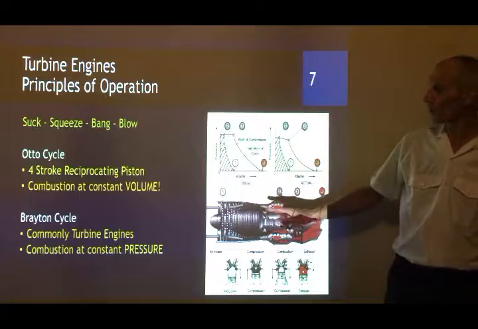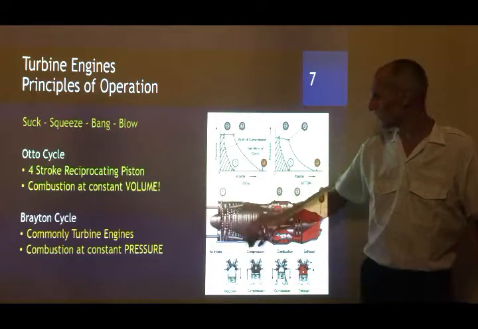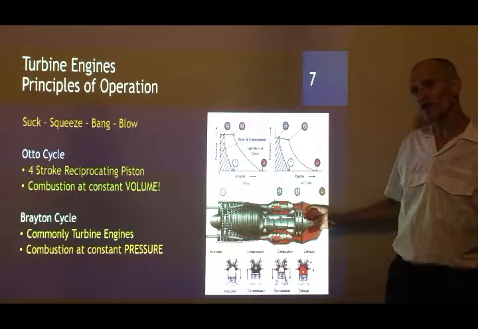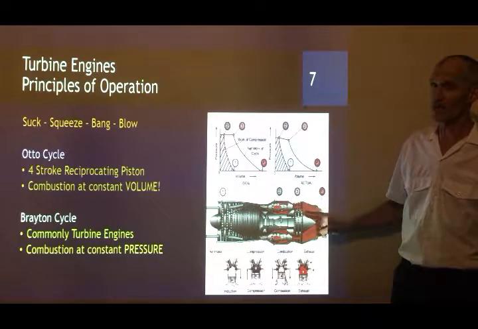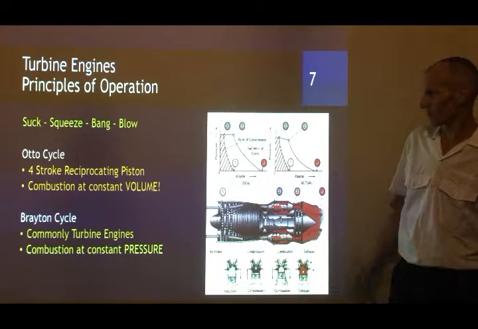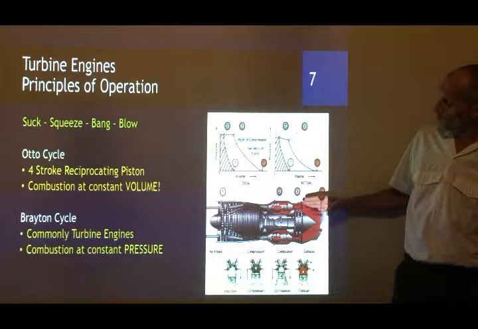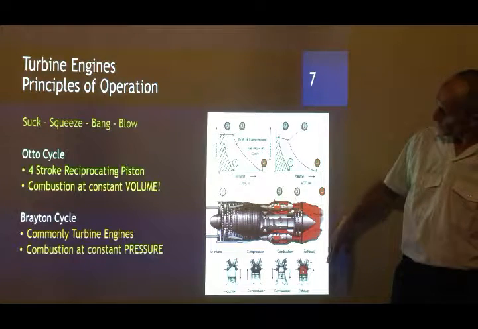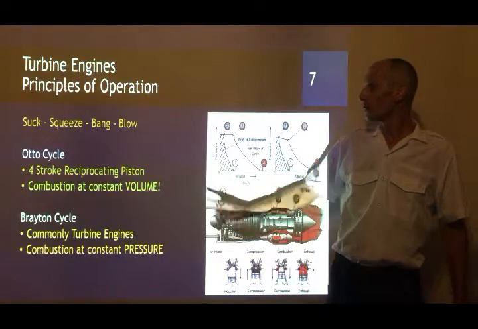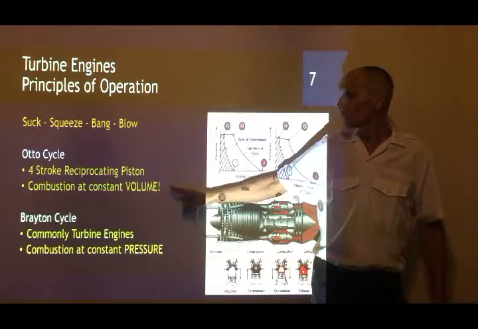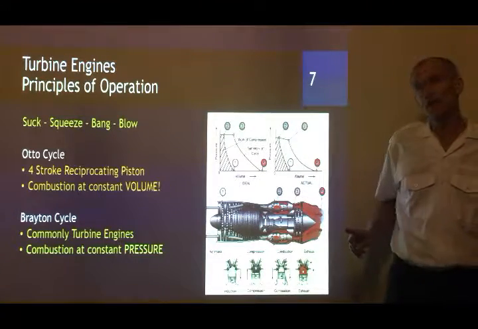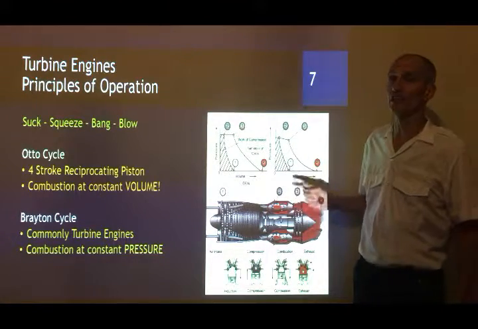Here, the intake, the suck, the compress, the burn and the exhaust all happen at the same time. For every revolution, it's continuous. The difference between the piston and the turbine is that in the piston, the combustion is at a constant volume. In the turbine, the combustion is at a constant pressure.